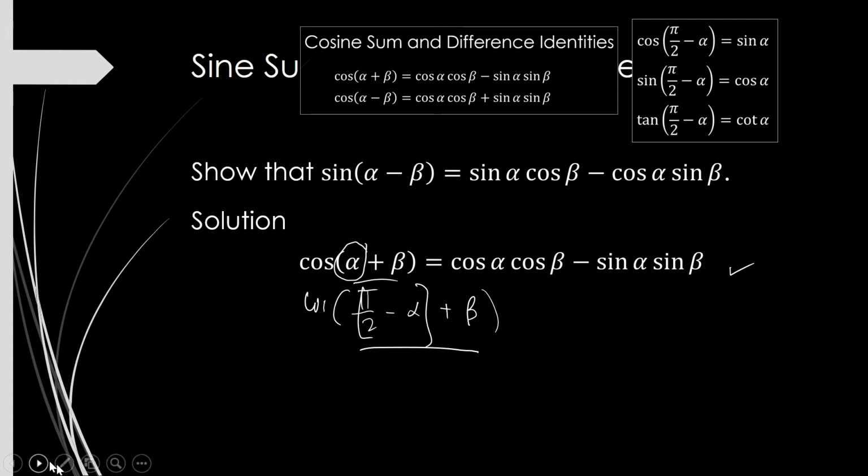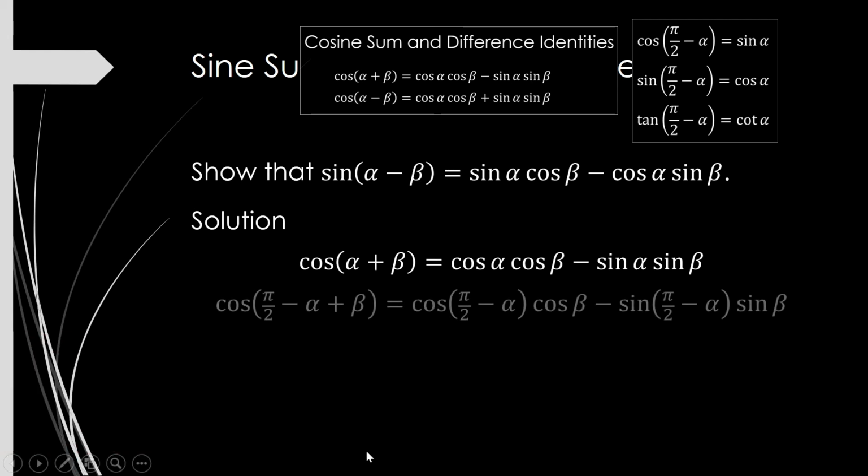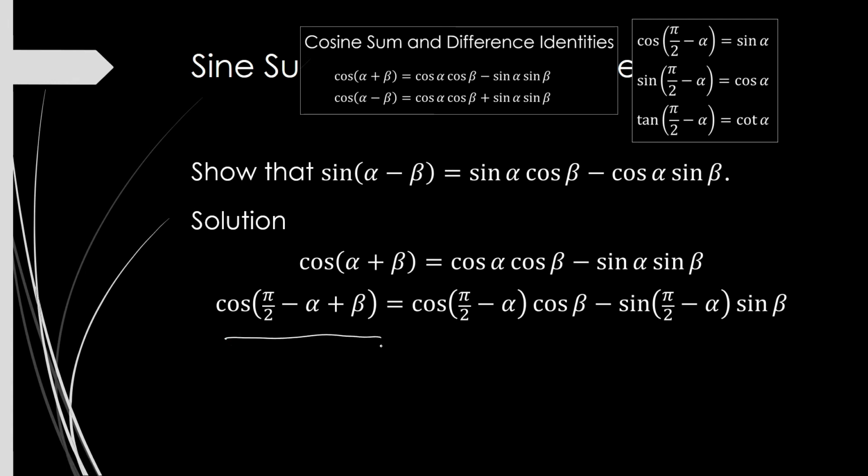Okay, so this is what's going to happen. Applying now our sum identity for cosine, the cosine of this sum is equal to this: cosine of the first angle times cosine of the second angle minus sine of the first angle times sine of the second angle.